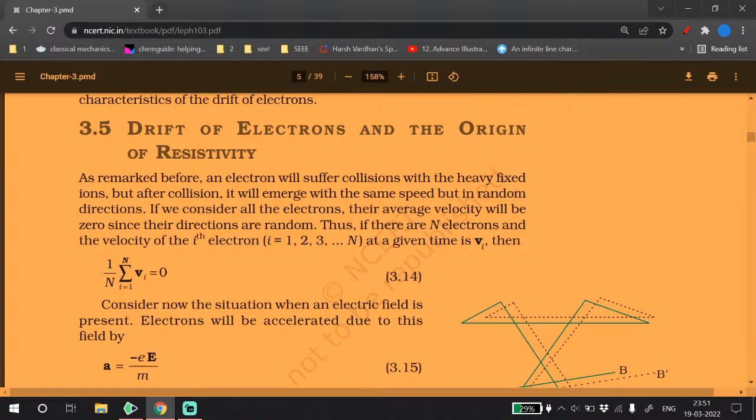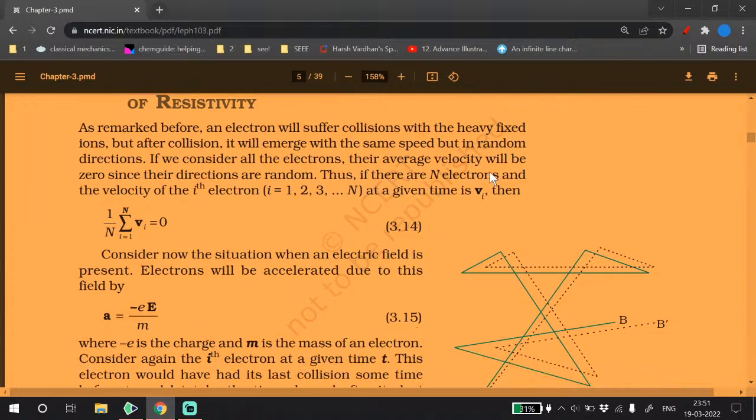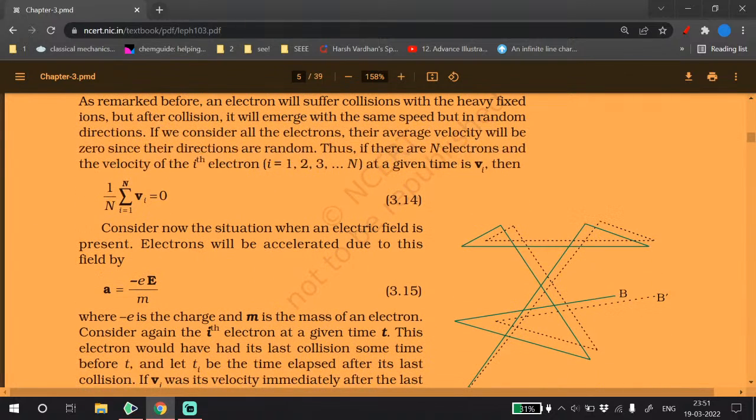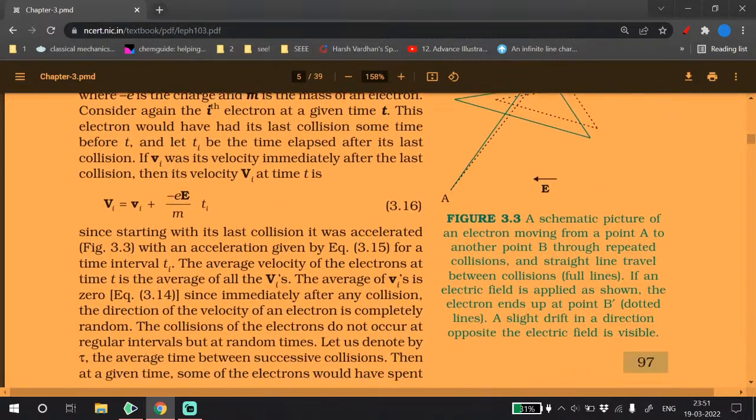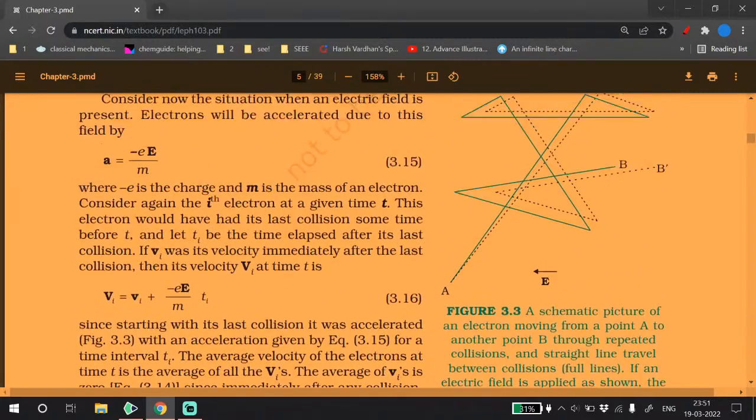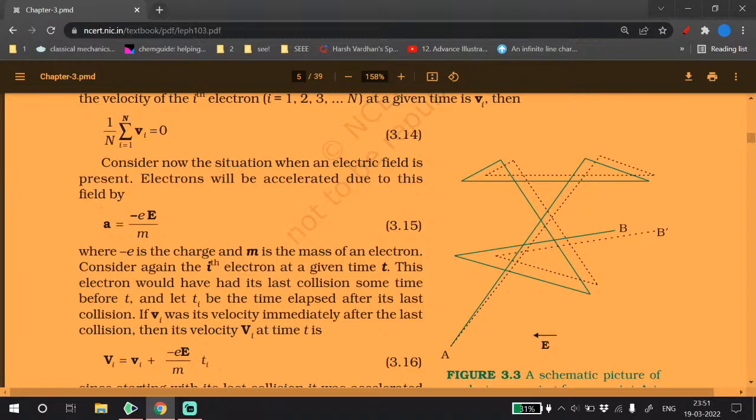Now we'll go into the collisions of the electrons. So there are n electrons with velocities vi, and when we take the average, we sum the velocities, the average will be 0, because obviously their directions are random. Now when a field is applied, there will be acceleration of the electrons opposite to the direction of the field.